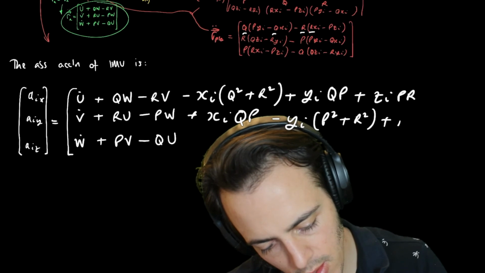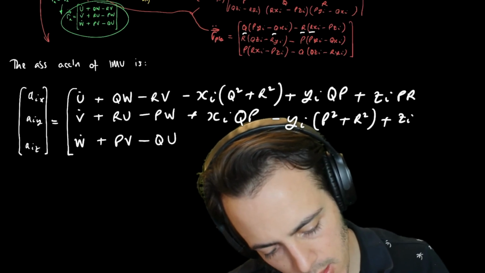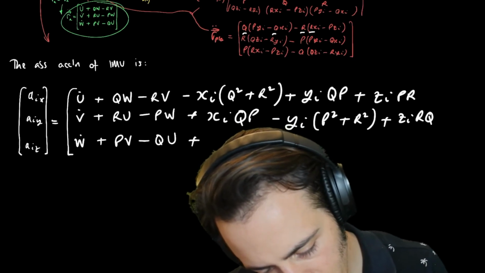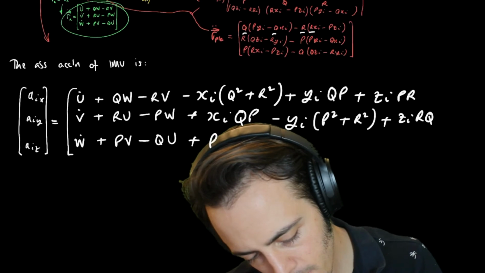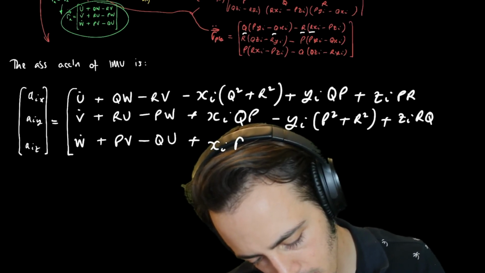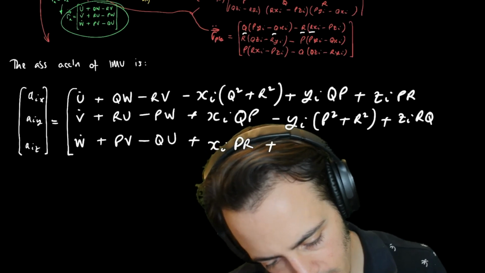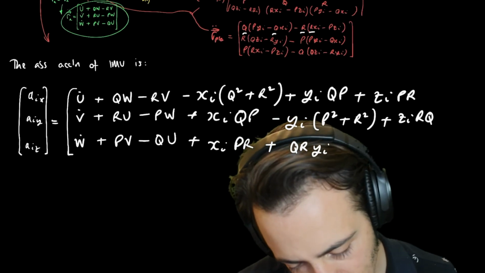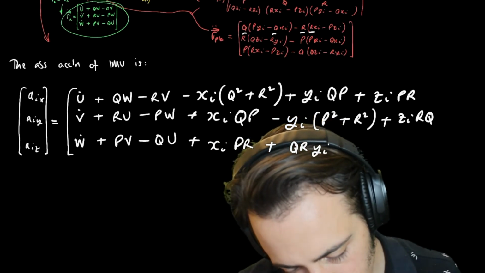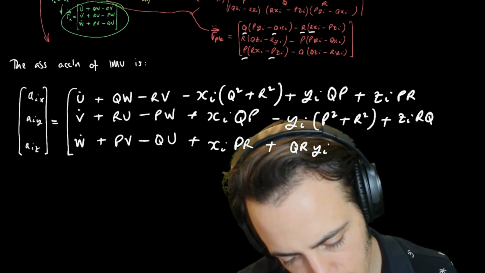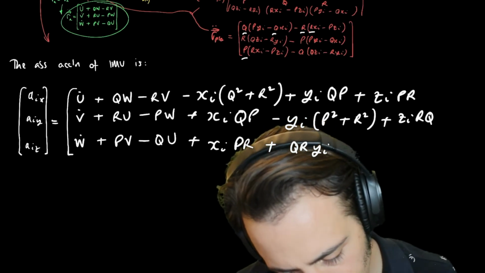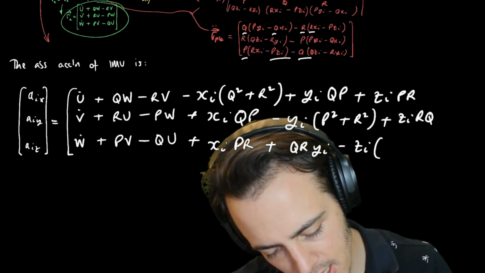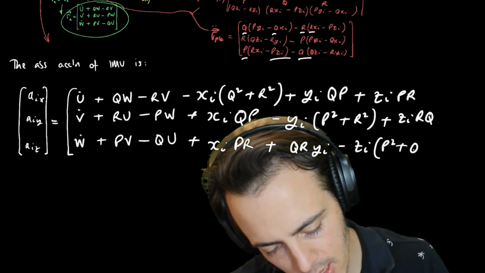So I've got plus zi rq. And then this last one, I should have a positive x term. So I've got plus xi pr plus, and I've got qr yi, and I'm expecting a negative pair of zi squares. So I've got PR and, sorry, no, I haven't. I've got PP and Q here. So I've got minus zi p squared plus q squared.